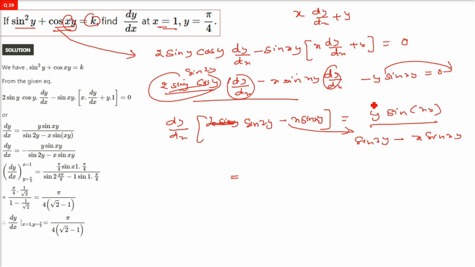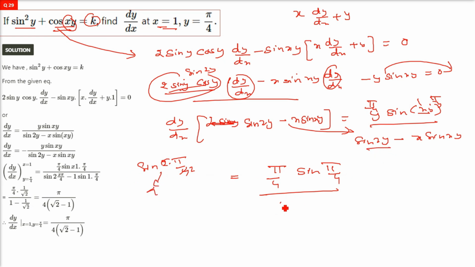Y will be pi by 4, so it is pi by 4 times sin of x y, which is sin pi by 4. Sin twice of y, 2 into 45 is 90 degrees, so sin pi by 2, that is sin 90, which is 1.